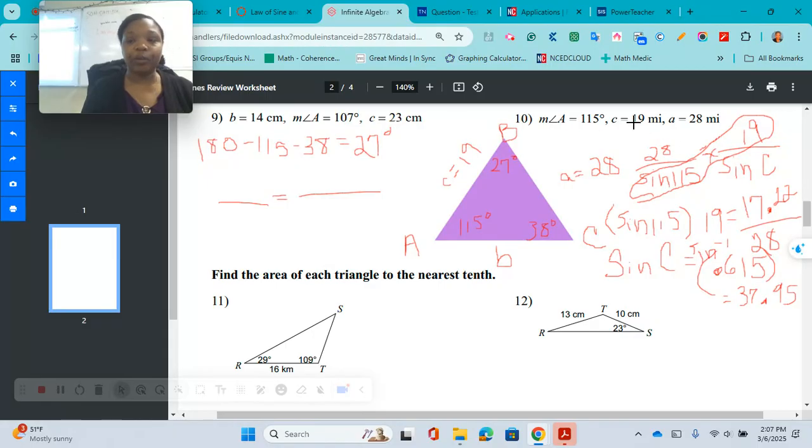I could use the same one here, 28 over sine of 115. Well, this is the last length that we're looking for. This is the last one. That would be b over sine of 27.